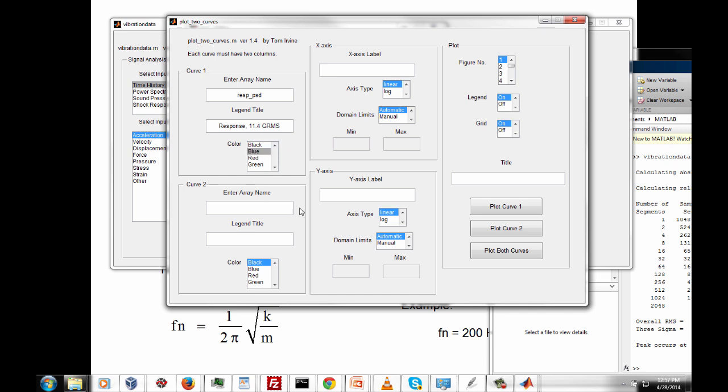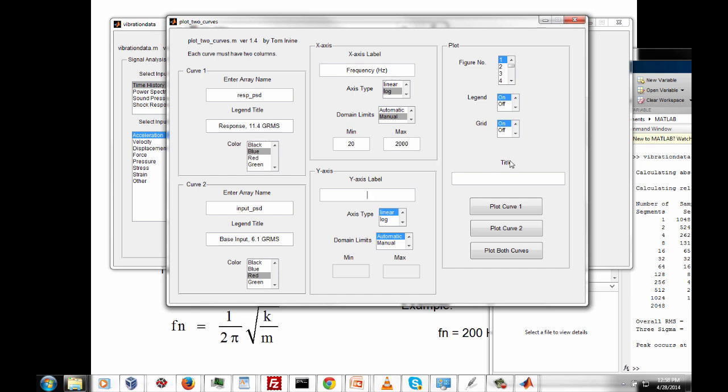The second curve is going to be our input PSD. That's the NavMat PSD. It's going to be our base input. I'm just going to say 6.1 GRMS. Let's make that a red curve. Our x-axis is going to be frequency in hertz. Log. We're going to do manual domain limits, 20 to 2000 hertz.